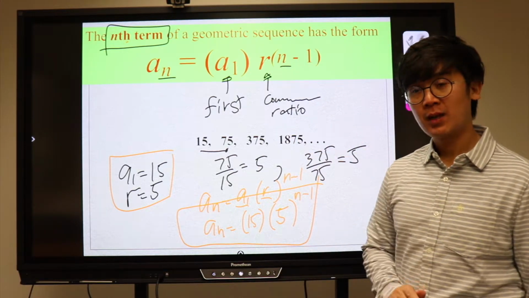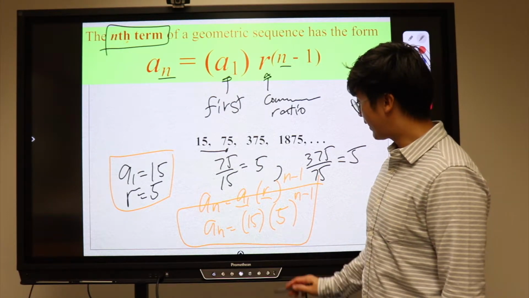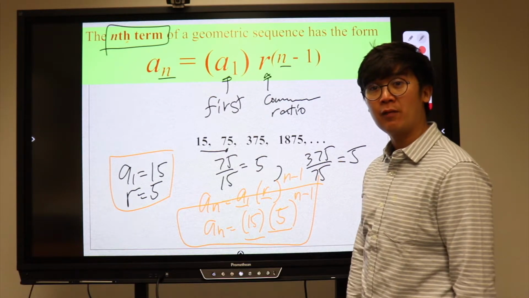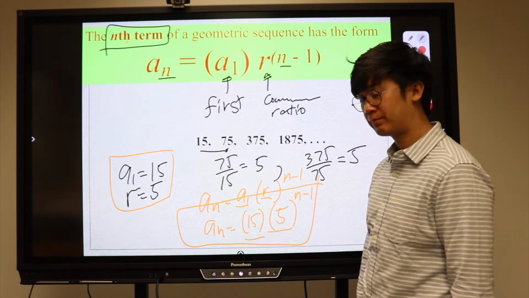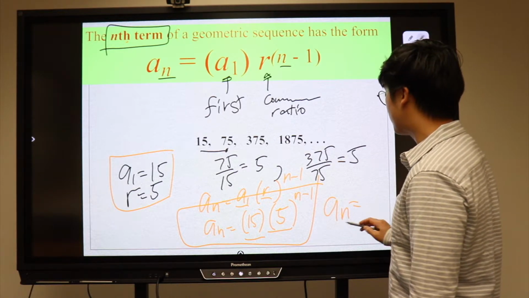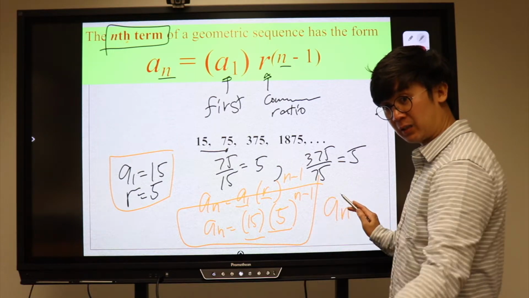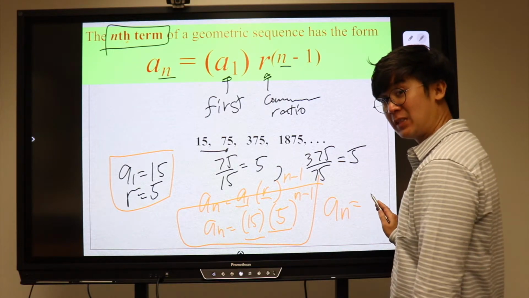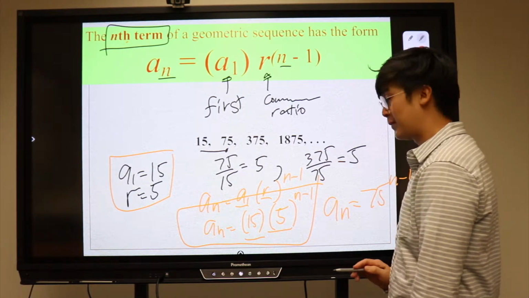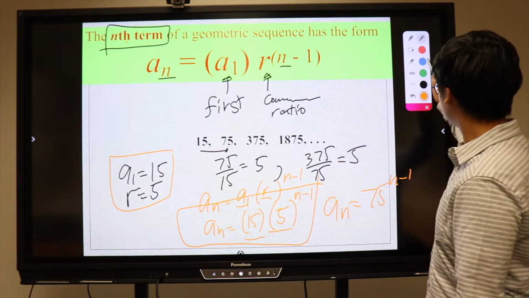Now, can I simplify this further? Can I multiply 15 and 5 so that I will have a simpler formula? So is a sub n equal to, what's 15 times 5? 75. Is this the same as this?